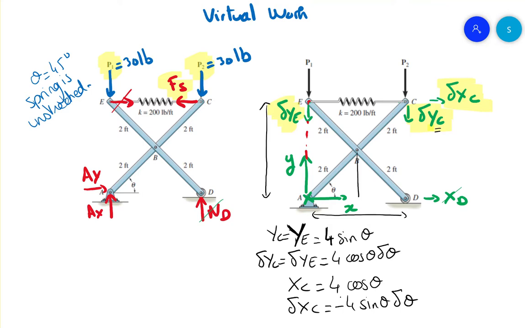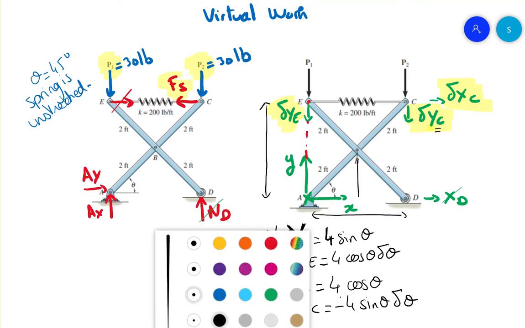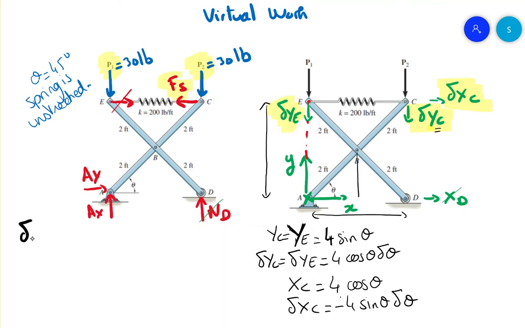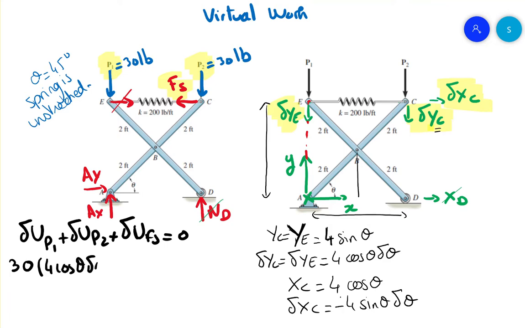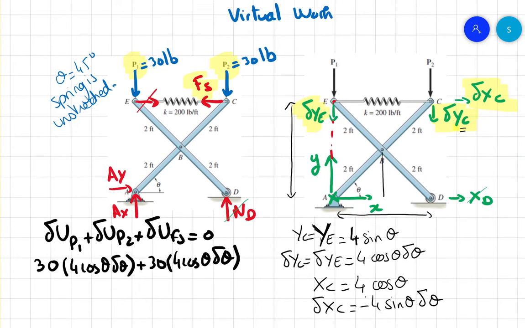Okay, so now let's write the principle of work and energy. We've got delta U for P1 plus delta U for P2 plus delta U of the force of the spring is equal to 0. So for P1, we have 30 times delta YE, so 4 cosine theta delta theta, plus 30 times 4 cosine theta delta theta, and plus the work of the spring.